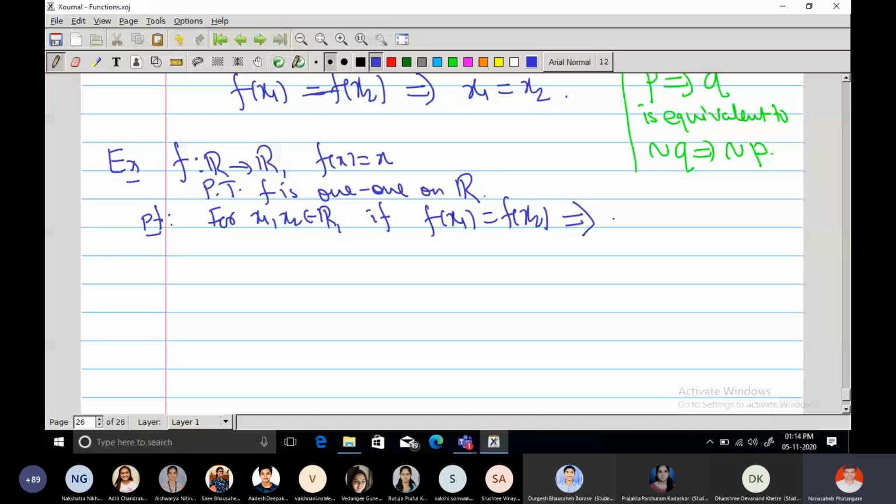But by definition, what is f(x1)? It is x1, right? And what is f(x2)? By definition, the value of the function at x2 is x2. So ultimately, we get that if f(x1) is equal to f(x2), then x1 is equal to x2. It is equivalent to saying that if x1 is not equal to x2, then the images are also unequal.